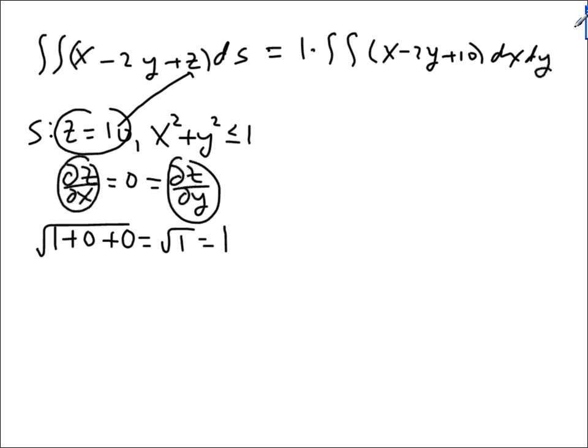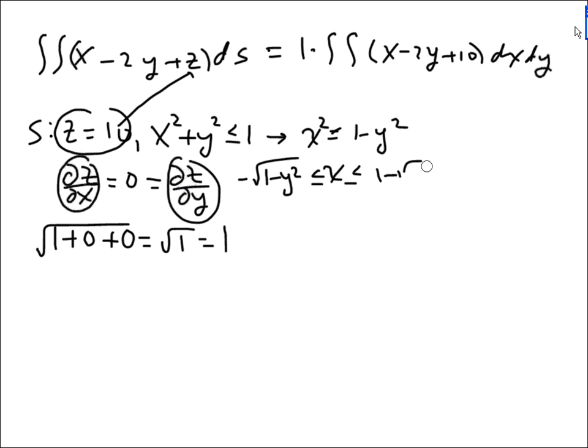If you want to do dy dx, fine. This tells me that x squared is less than or equal to 1 minus y squared. So then x is in between negative the square root of 1 minus y squared and positive the square root of 1 minus y squared. I mean, this is a circle. x can be in between those.